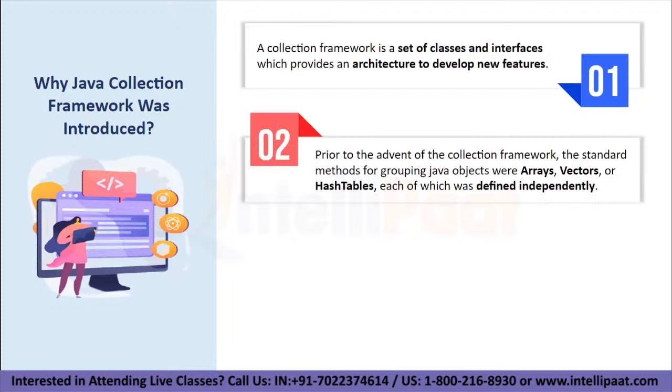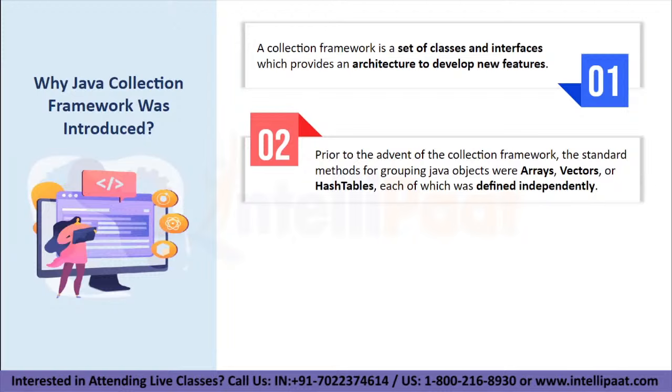But let me tell you, prior to the JDK 1.2 release or the collection framework release, the standard Java objects were arrays or vectors or hash tables. And since there was no common interface to all these collections, they were defined independently, which means for the same operation, programmers had to remember different methods for all three collections, their syntaxes and constructors too. This was quite tedious and ineffective for community programmers.